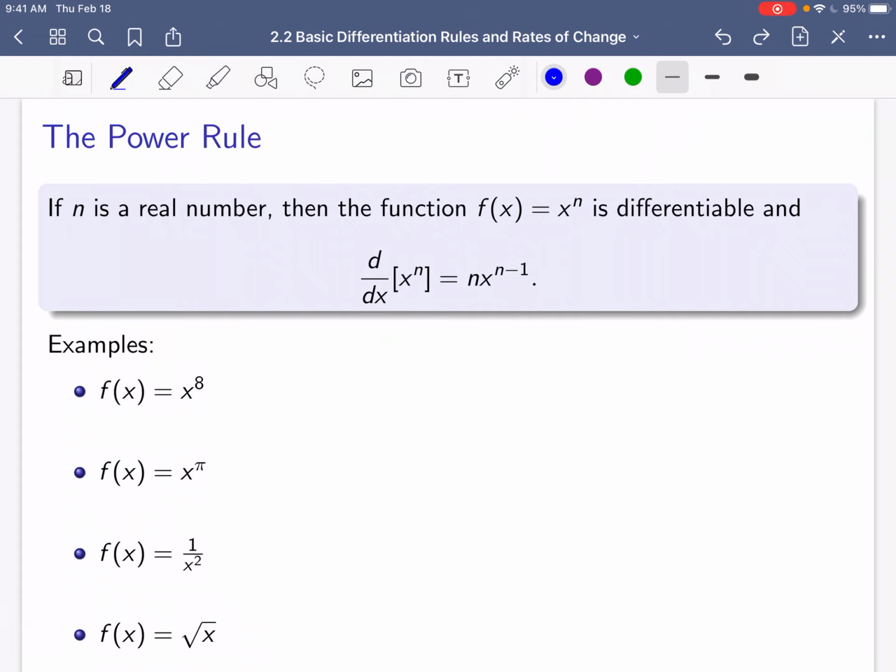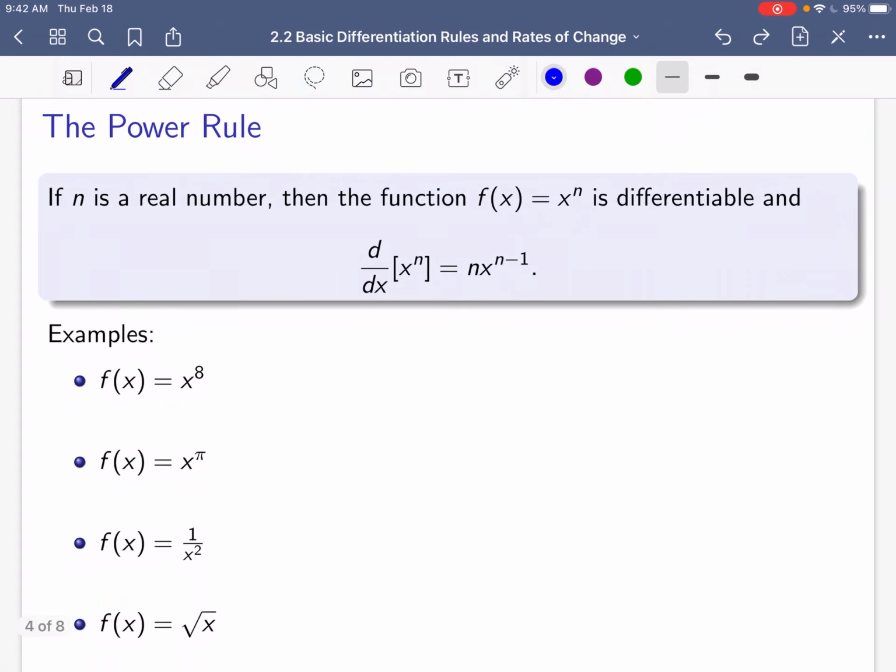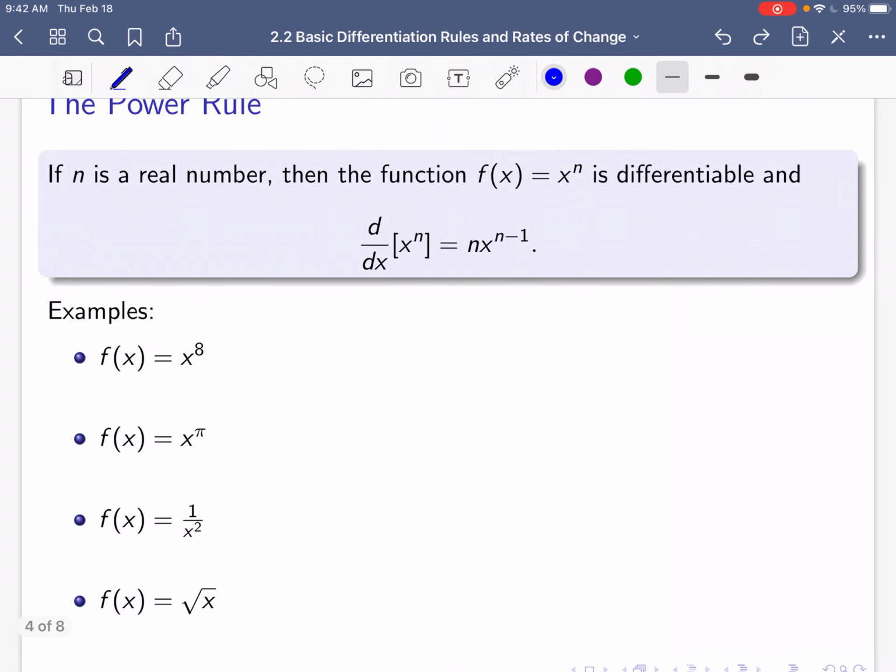If n is a real number, then the function f of x equals x to the n is differentiable, and its derivative is n times x to the n minus 1. Right? So if we were to take the derivative of x to the 8th, that value, that power of 8, we bring down in front, and then we subtract 1 from the power.